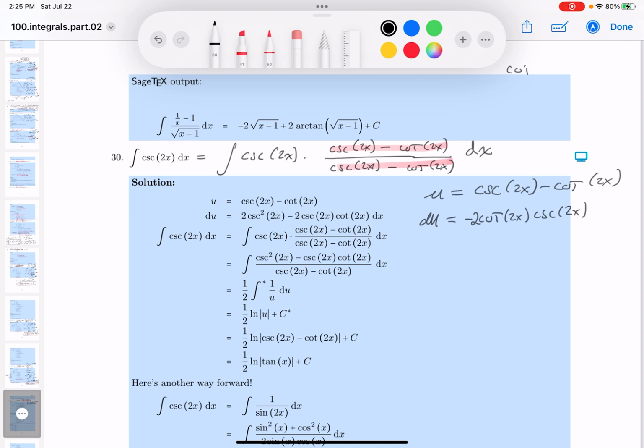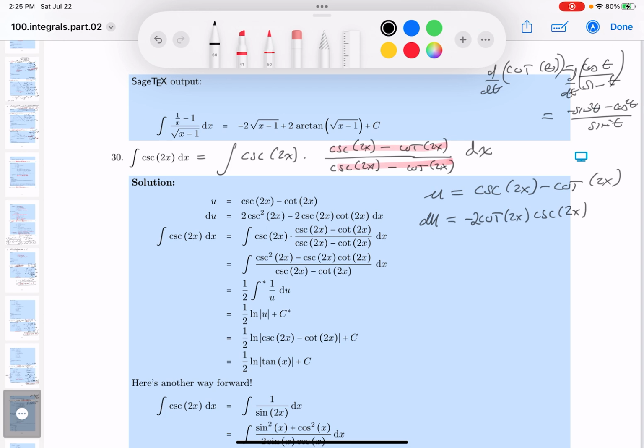Cotangent of theta is the same thing as cosine of theta over the sine of theta. And if I took its derivative with respect to theta, let's see what you get there. Sine squared in the bottom. Sine times minus sine, and then minus cosine squared.